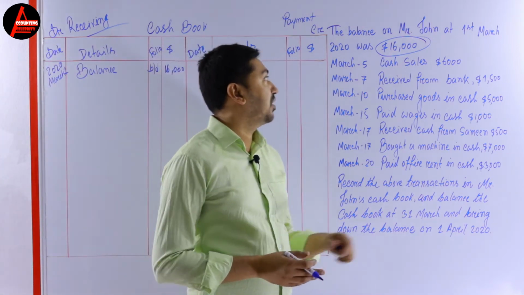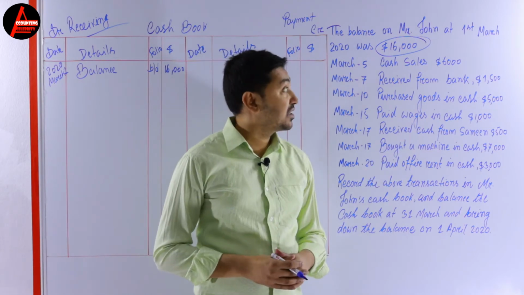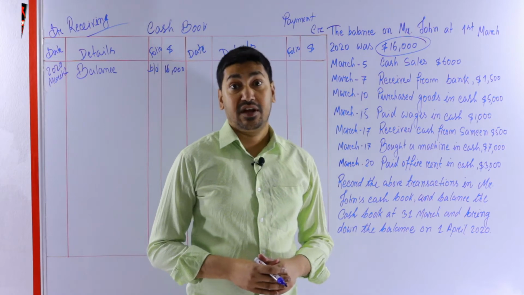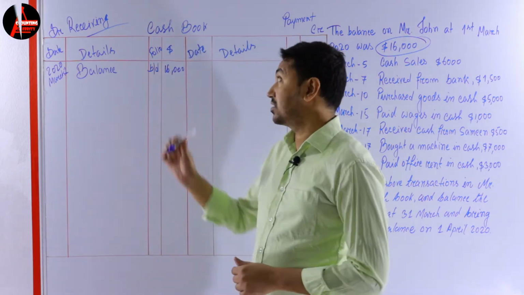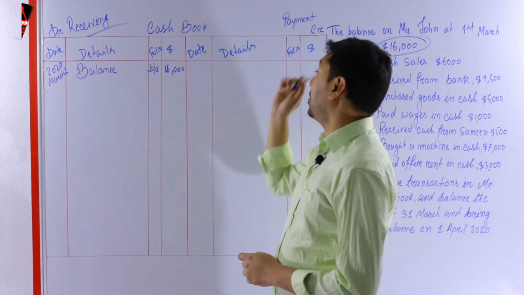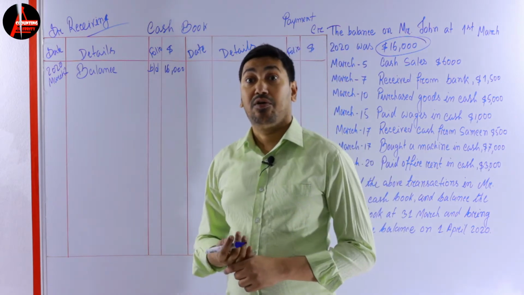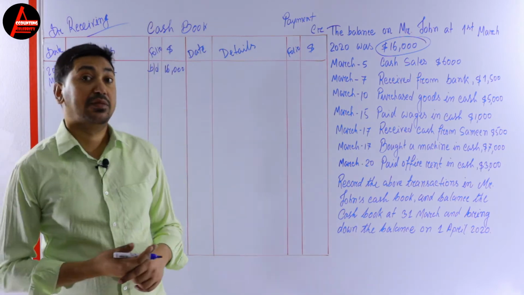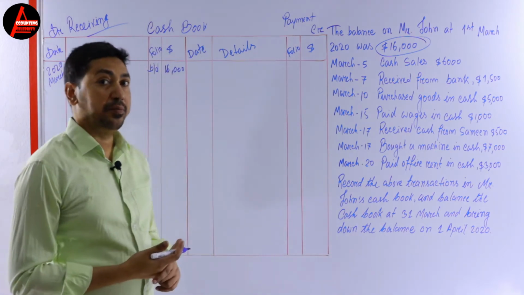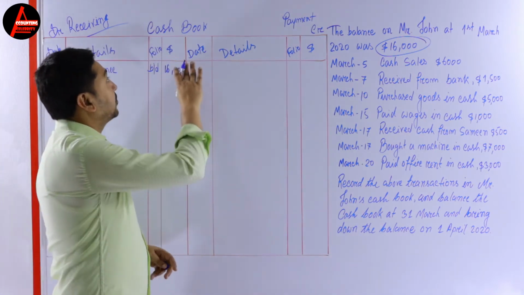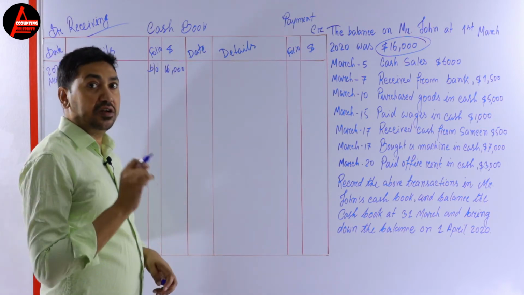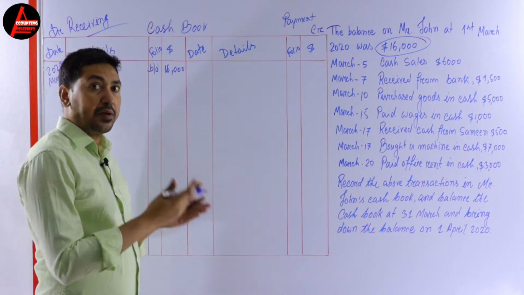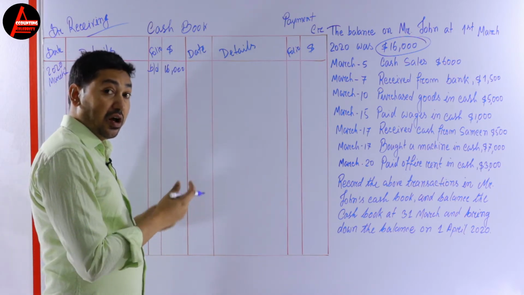Okay, so what is the first transaction here? March 5, cash sales $6,000. So this is your sales. So is it receiving or payment? If you say it's receiving, you are correct. When you sell something, you receive money. So this is a cash book, so you have to consider everything in terms of cash. If cash comes in, it will be debited.